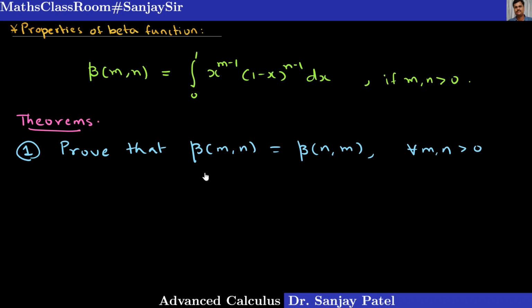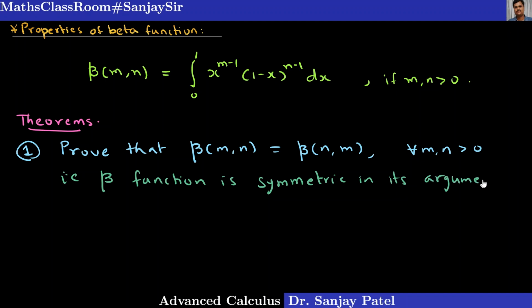That is, we can say beta function is symmetric in its arguments. So whether you find beta of m comma n or beta of n comma m, you will get the same value.